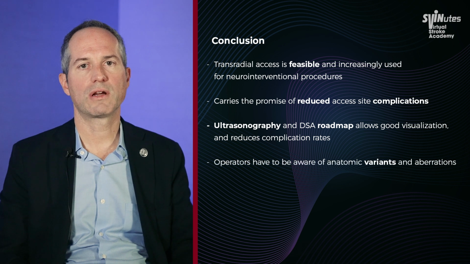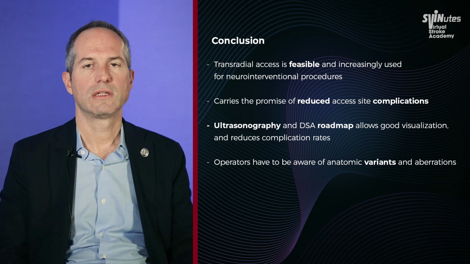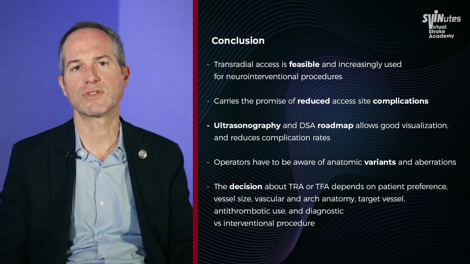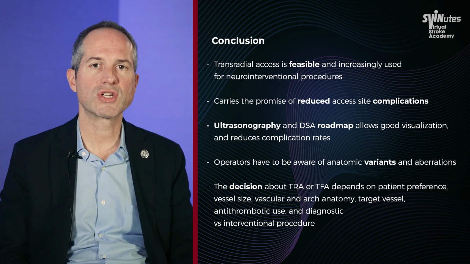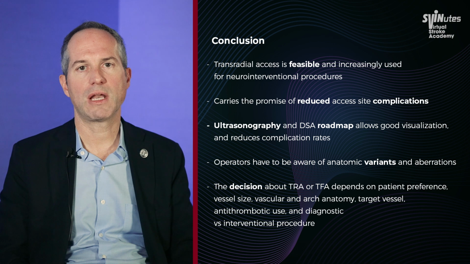Operators have to be aware of anatomic variants and aberrations that can make the procedure challenging. The decision about transradial or transfemoral access depends on vessel size, vascular and arch anatomy, target vessel location, antithrombotic use, diagnostic versus interventional procedure, and patient preference.